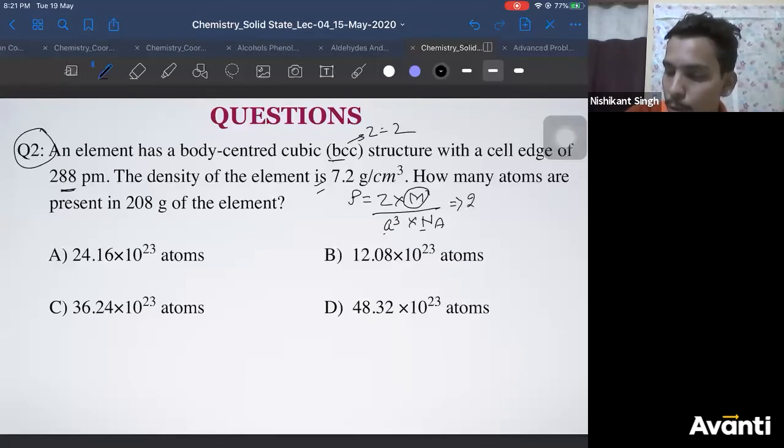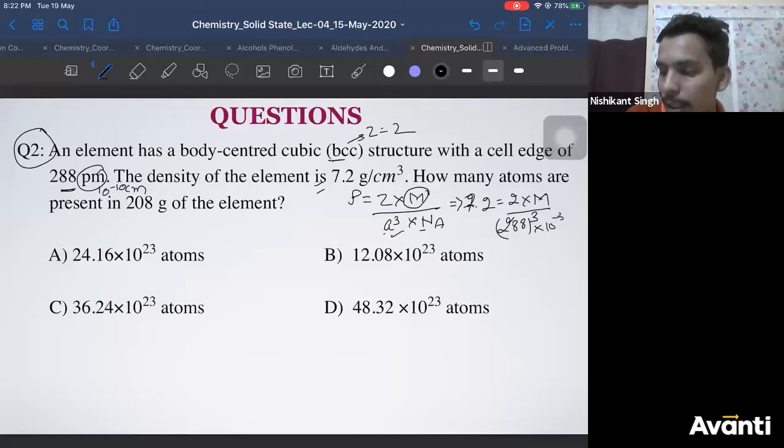Density 7.2 is equal to 2 into molar mass divided by 288 whole cube. Now 1 picometer is 10 power minus 10 centimeter, so the cube of that will become 10 power minus 30 centimeter cube, into Na, which is 6.022 into 10 power 23. From here you can calculate molar mass.